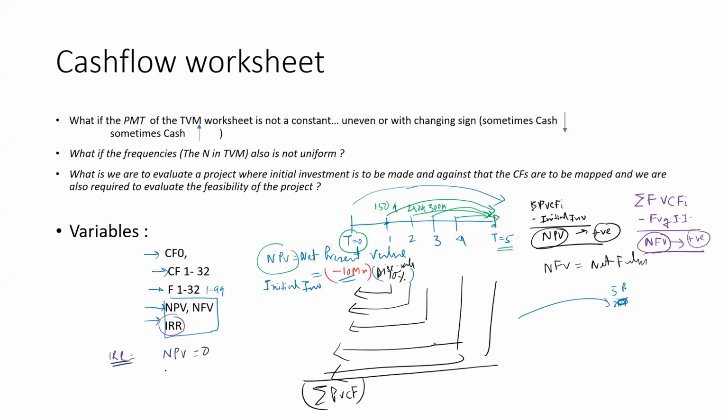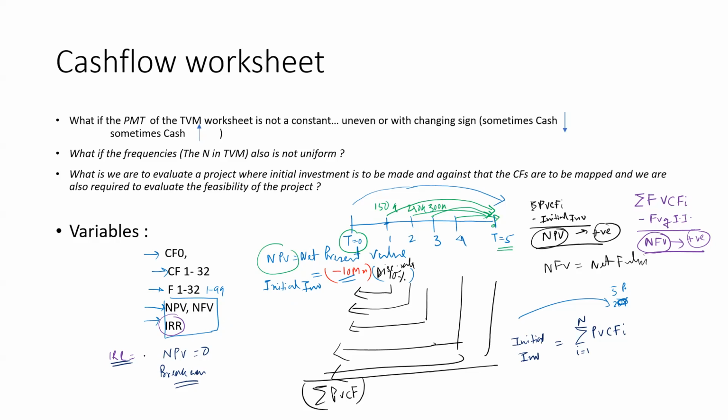That means it is a no profit, no loss zone. In other words, it is basically the break-even rate. So if you have a break-even rate NPV, the way we denote this is that we will say the initial investment on the left-hand side of the equation is equal to the summation of the present value of the cash flows.